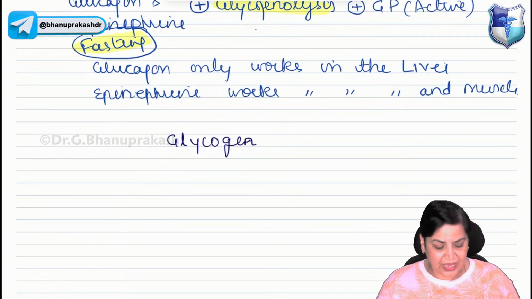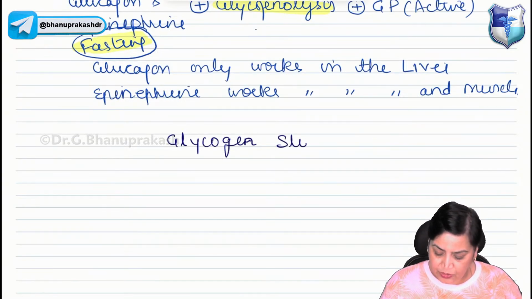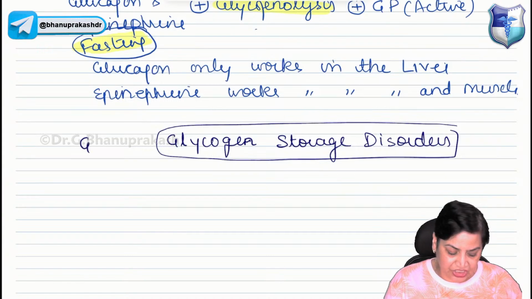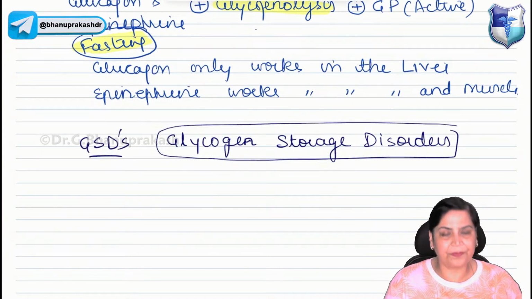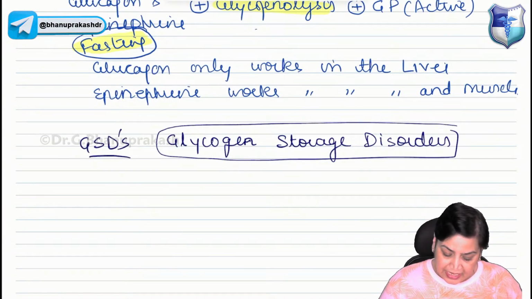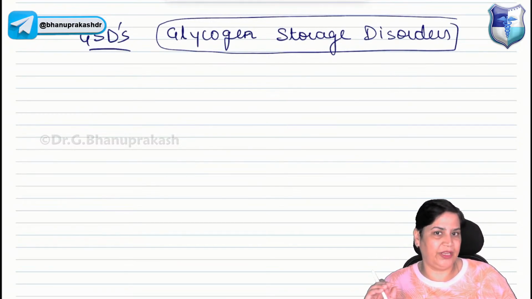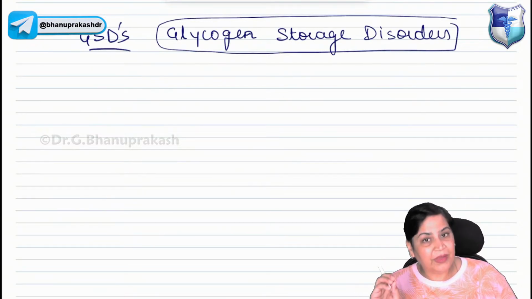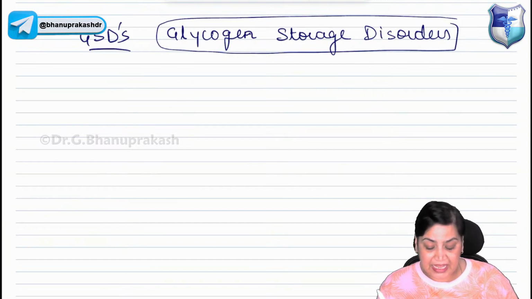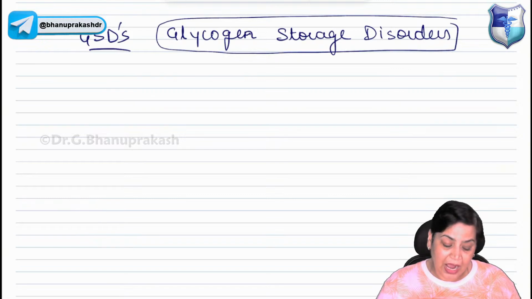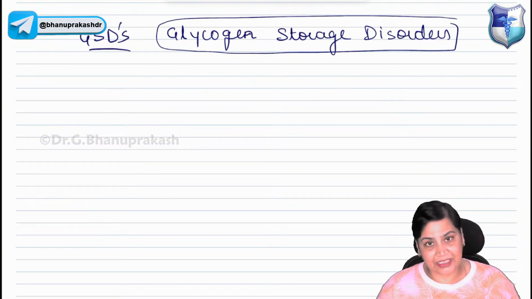So now we are going to study glycogen storage disorders. Commonly, we call them GSDs. Now see, if we talk about the disease itself, glycogen storage disorder means there is a disorder in the storage of glycogen. So how does this disorder take place?